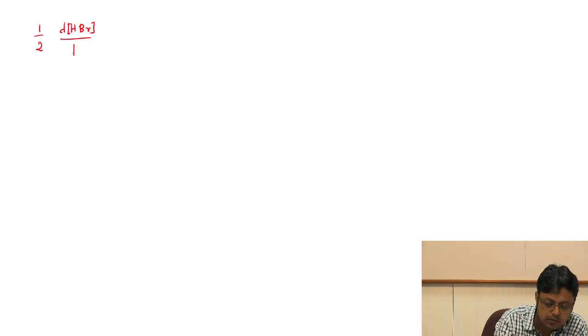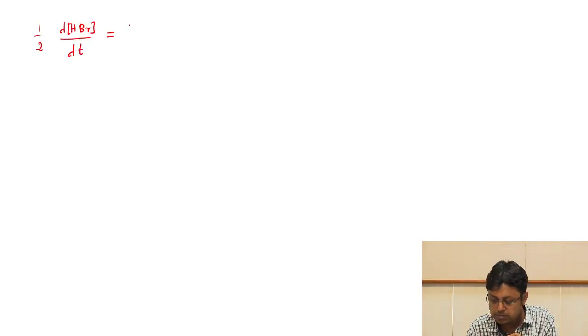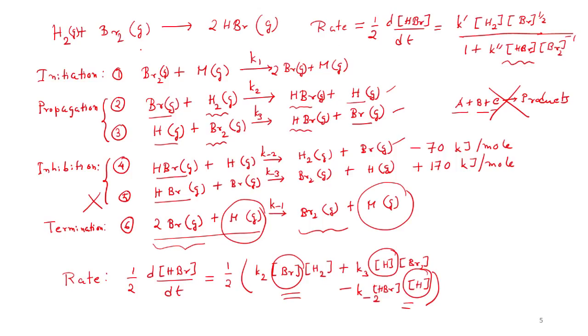Half d[HBr]/dt is nothing but half times, let us see what we wrote here, K2 Br into H2. It is basically that HBr is formed in step 2, formed in step 3, and consumed only in one particular step, which is the reverse of step 2. So let us write K2 Br H2 and K3 H Br2.